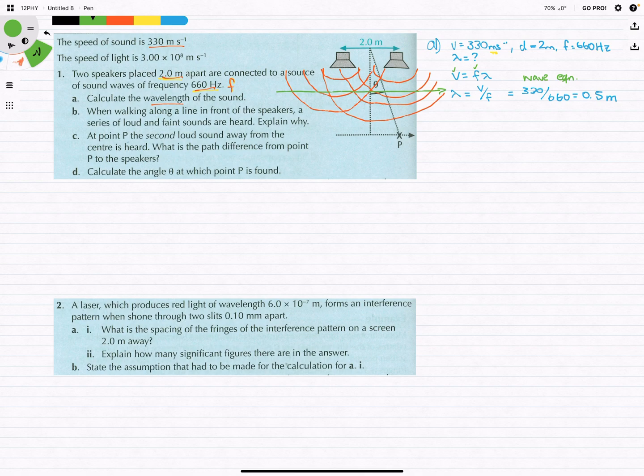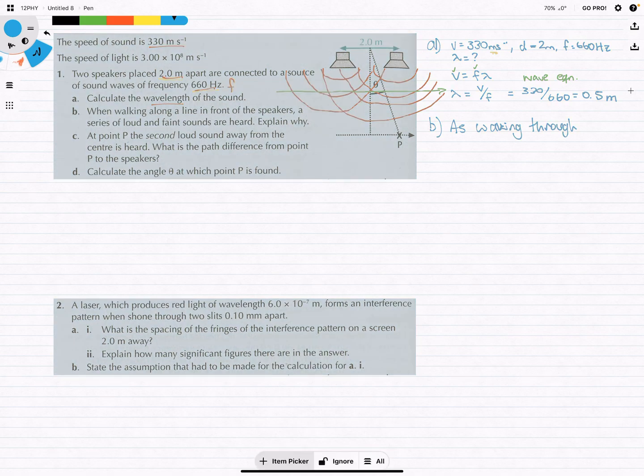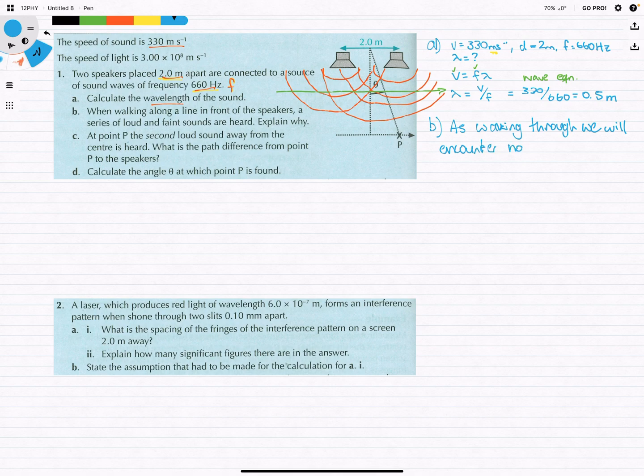Now let's try and write in words what's going to go on. As walking through, we will encounter nodes and antinodes.